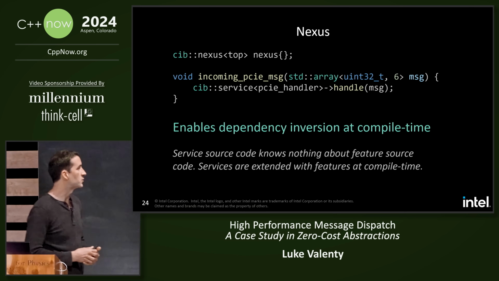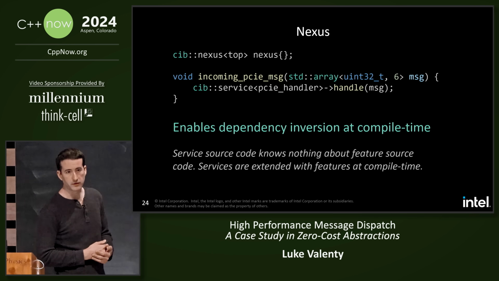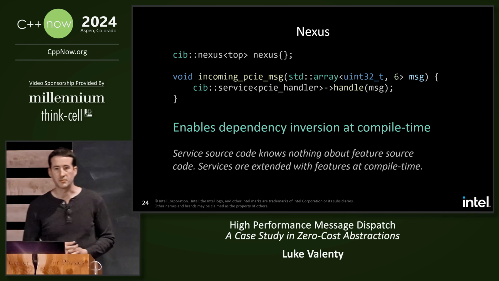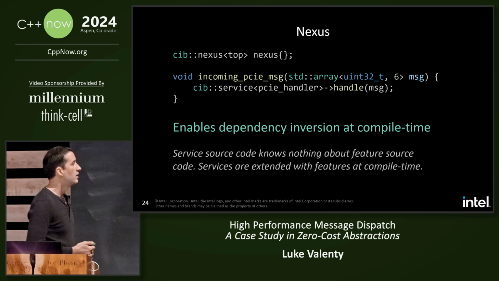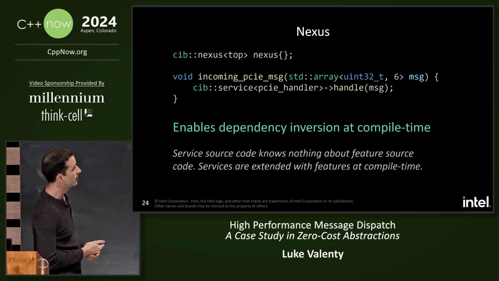The nexus, again, is where we bring everything together. And so you just instantiate a nexus, you pass it your top level component. Just having that does all of the compile time initialization and building process. I actually have a bug in this code because this right here is 100% going to be uninitialized.